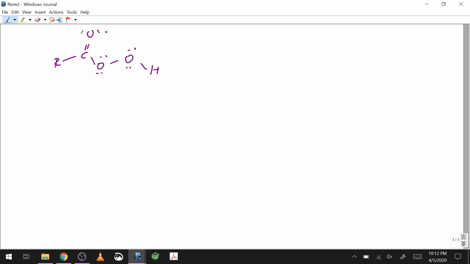There are a couple of ones that are commonly used. The most common one that we'll see in textbooks and reference books is metachloroperbenzoic acid, abbreviated MCPBA, so this is what it stands for: meta-chloro-perbenzoic acid.